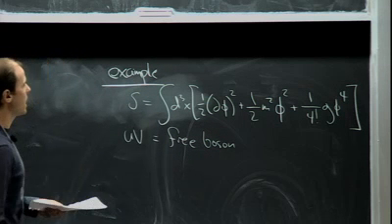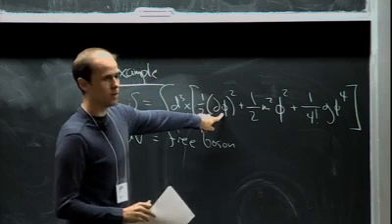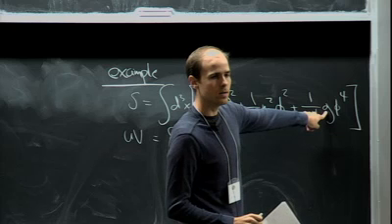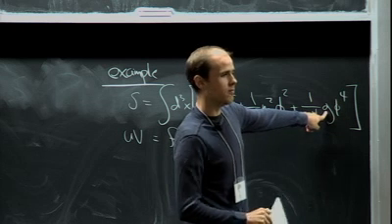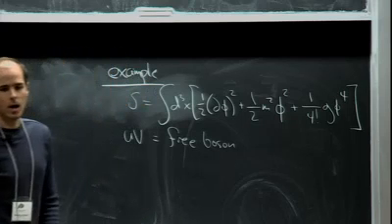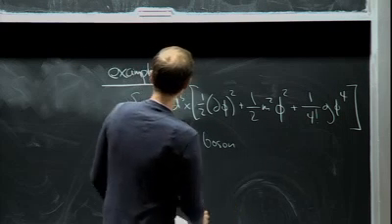And the reason is that in 3 dimensions, the canonical dimension of phi is 1/2. So g has mass dimension 1. So at very, very high energies, g is effectively 0, and you can just treat it as a free theory. m is also effectively 0.